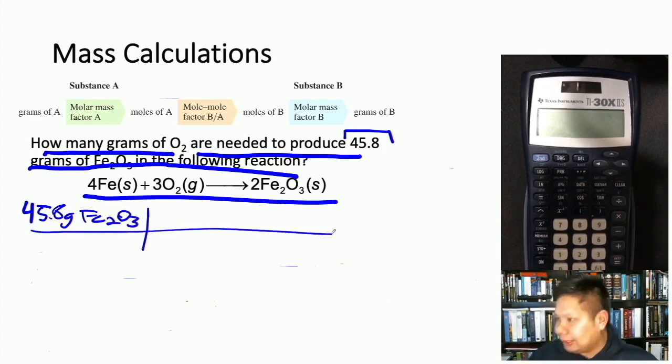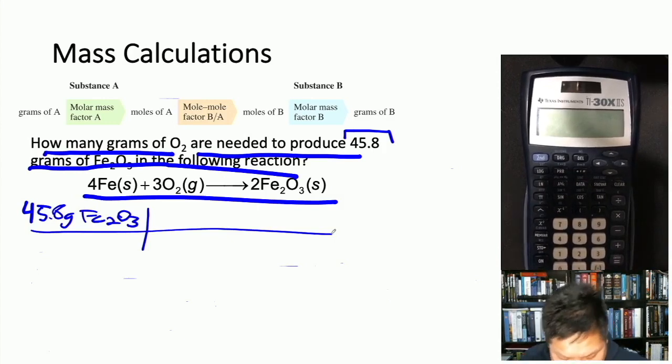Everything's done with dimensional analysis, right? Everything's done there. And we want to get rid of grams of that, so what do we use there? We'll use our molecular weight of iron oxide that we had from the previous slide.